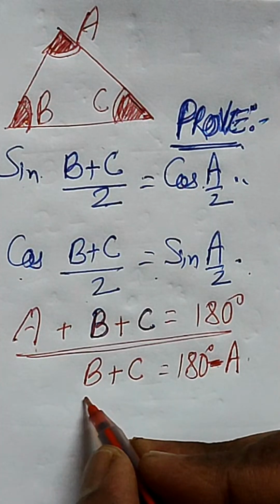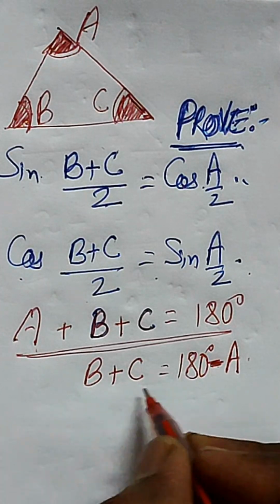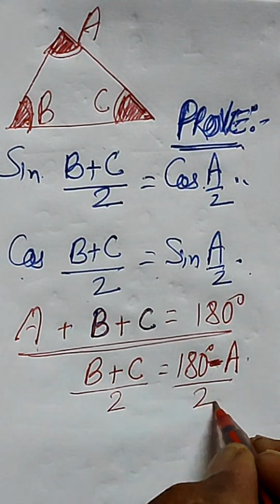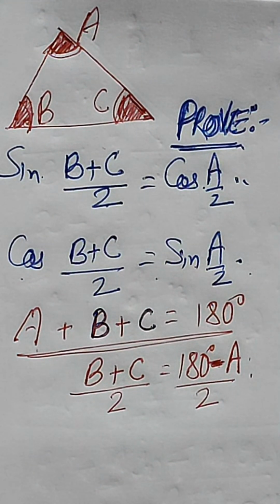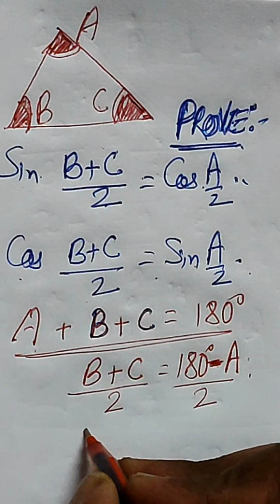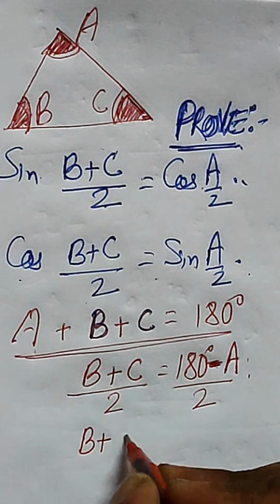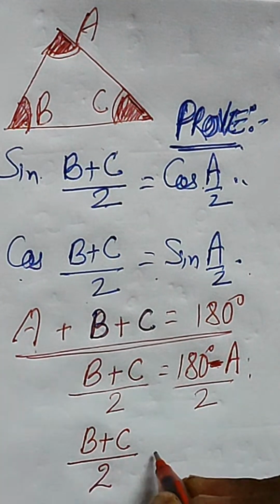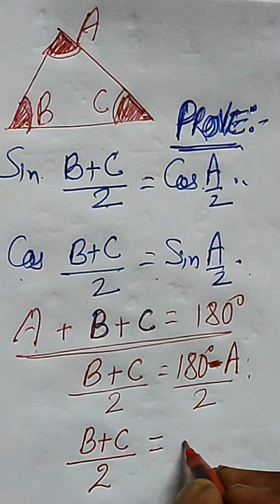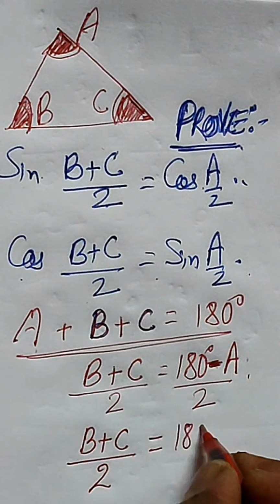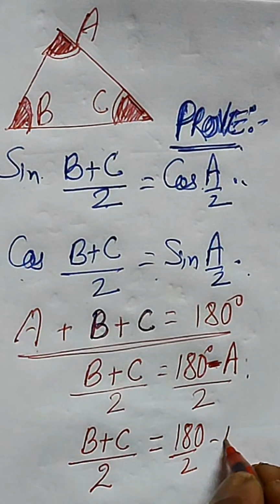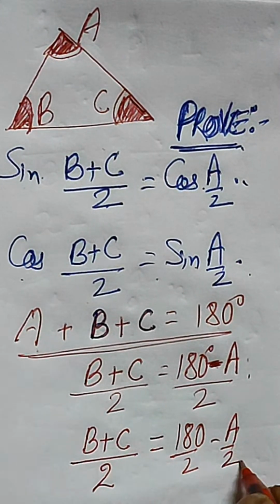Now do one thing, divide both the sides of the equation by 2. When you divide it, the next line will be (B plus C) by 2 is equal to 180 by 2 minus A by 2, isn't it?